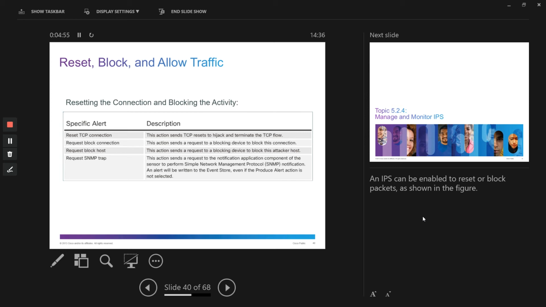Request block connection sends a request to the blocking device to block this connection. Request block host means block the host. And SNMP trap means send a request to the notification application component of the sensor to perform a Simple Network Management Protocol, SNMP, notification. And the alert is then written into the event store, even if the produce alert action is not selected.